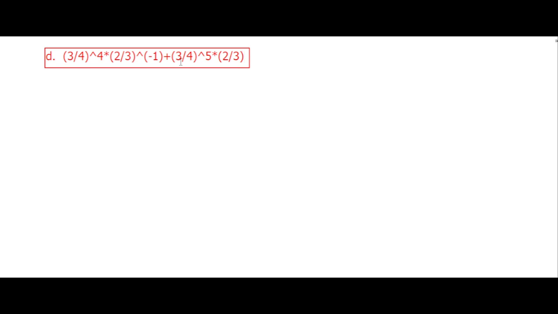So 2 over 3 to the power of 0 is 1, so we have 3 over 4 to the power of 5.